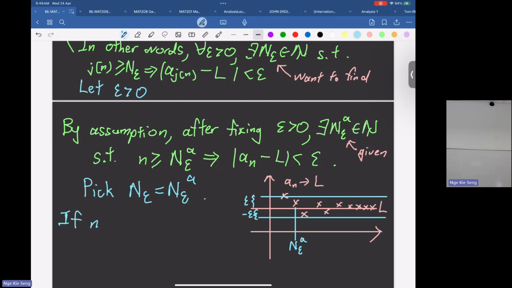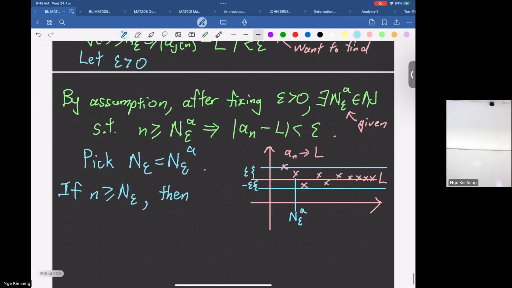So if n is greater than or equal to n epsilon a, what does this mean? It means that jn is also greater than or equal to n epsilon a.